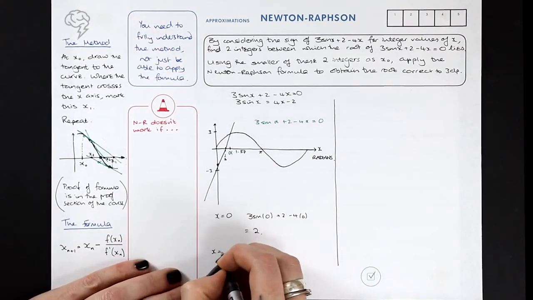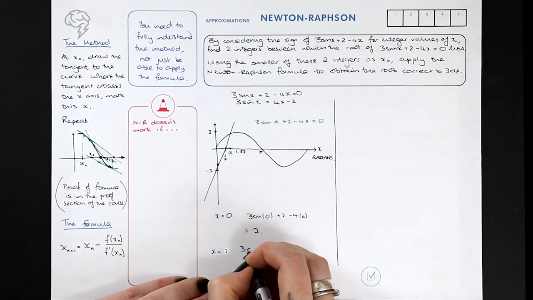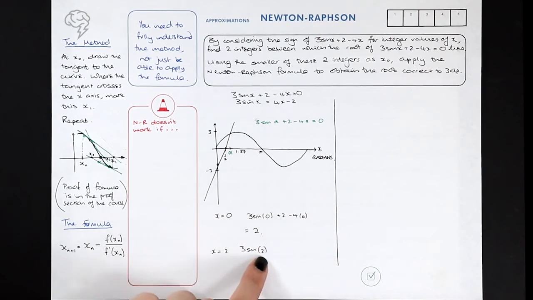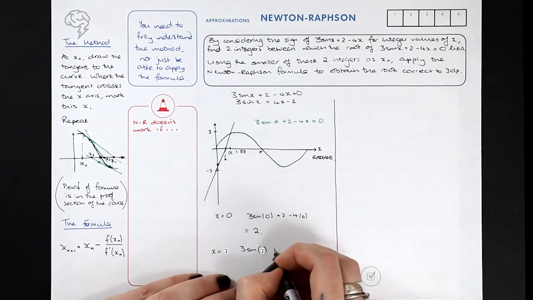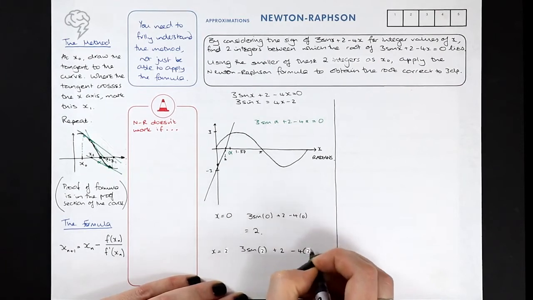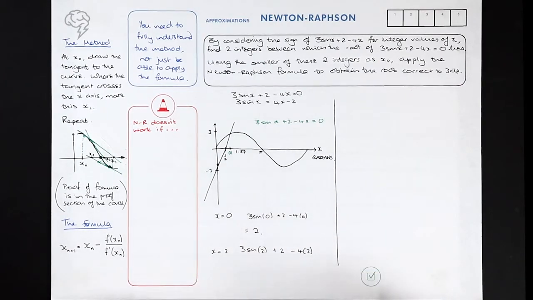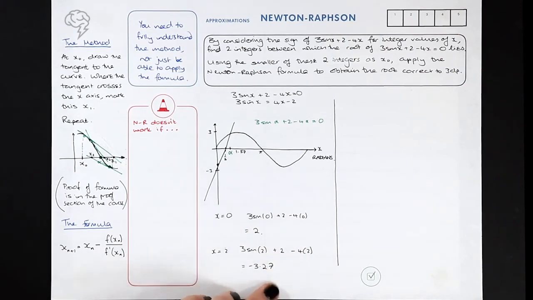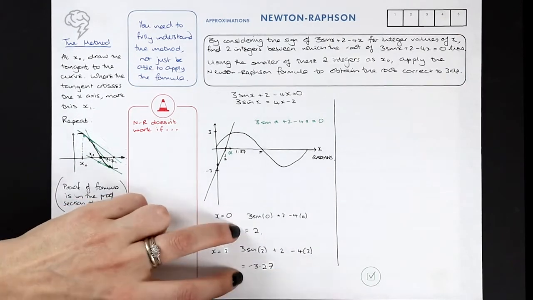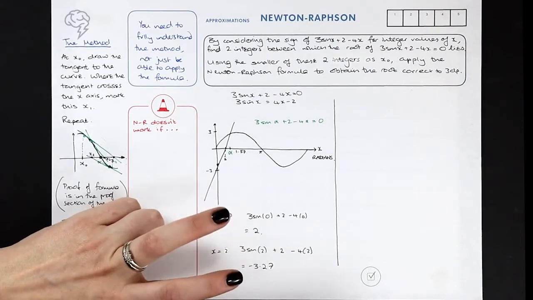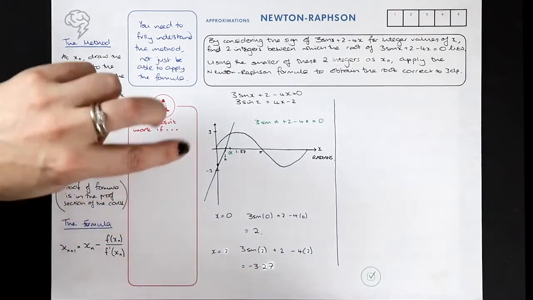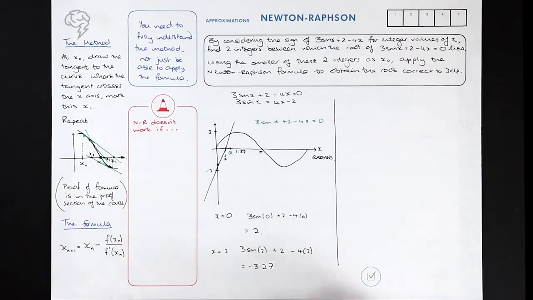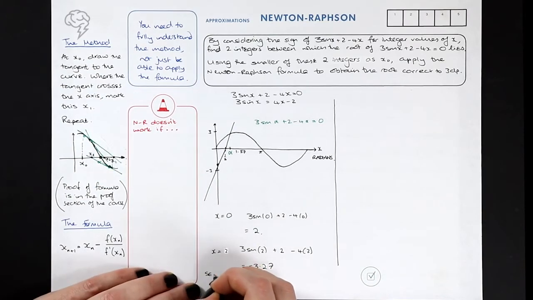What about when x is 2? 3 sine 2 with the calculator in radians plus 2 minus 4 lots of 2 is minus 3.27, according to the notes which I wrote earlier, which is negative. So there is a change of sign between here and here, and therefore there is a root of the function between here and here. So remember your full sentence for change of sign.